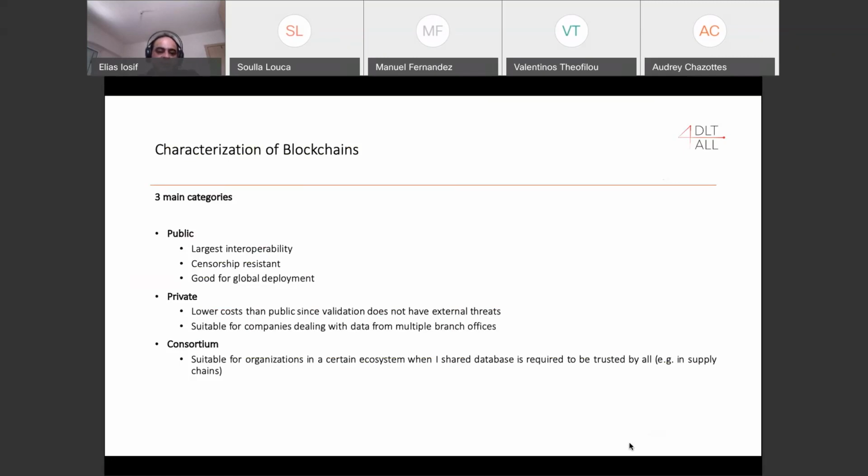Now, the private type of blockchain is, I would say, a restricted version of the public ones, where certain limits are set. This type is suitable for companies.